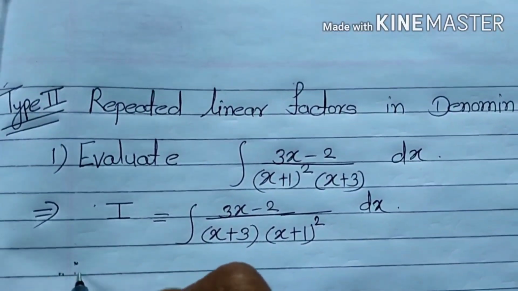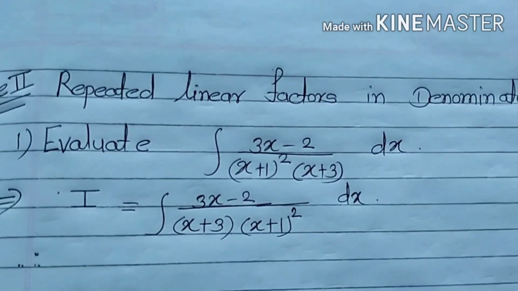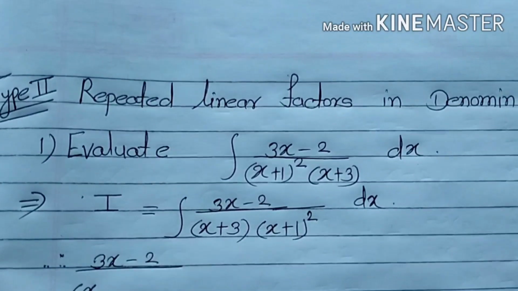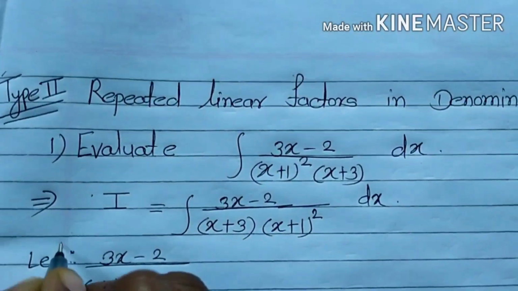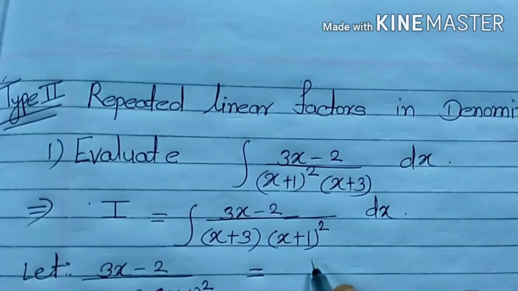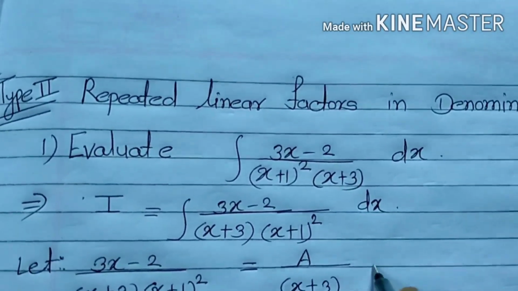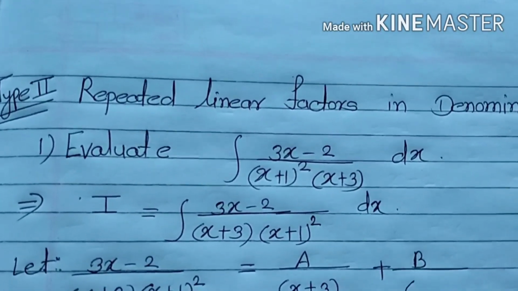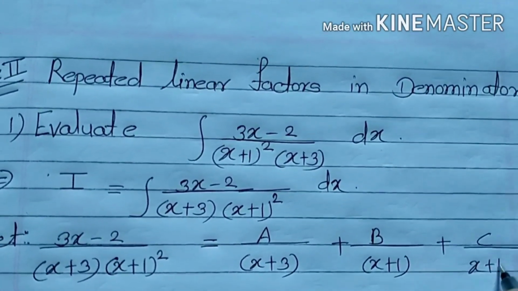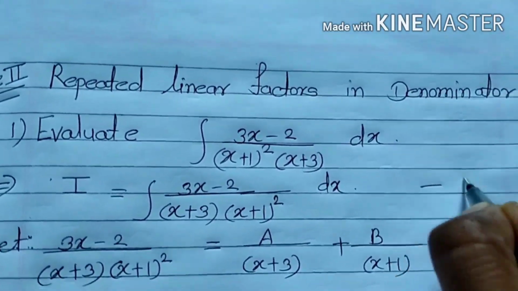So the procedure is the same. First, it is rational form, we have to convert into partial form. Let 3x minus 2 upon x plus 3 into x plus 1 square be equal to its partial form, which is like that: a upon x plus 3 plus b upon x plus 1 plus c upon x plus 1 square. Give it equation first.